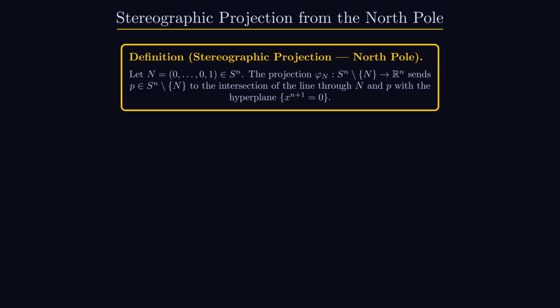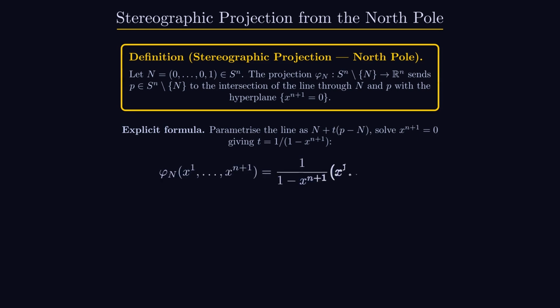For the explicit formula, parameterize the line as N plus t times (P minus N) and solve for x_{n+1} equals 0. This gives t equals 1 over (1 minus x_{n+1}). The resulting formula is phi n of x equals 1 over (1 minus x_{n+1}) times the vector of first n coordinates. This is a homeomorphism from Sn minus the north pole onto all of Rn.